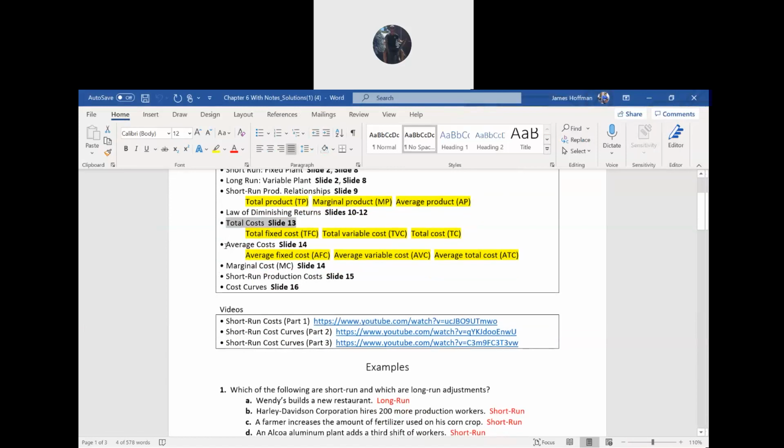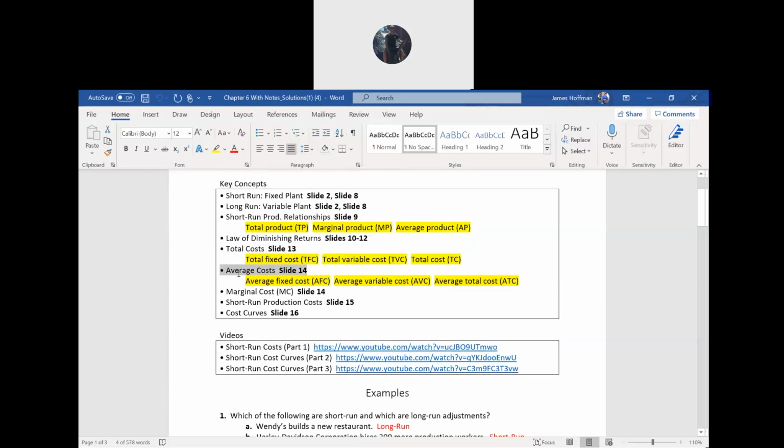Okay, average cost. Average cost on slide 14 is going to show, depending on how much output we're producing, what the cost looks like for each of these things: average fixed cost, average variable cost, and average total cost.